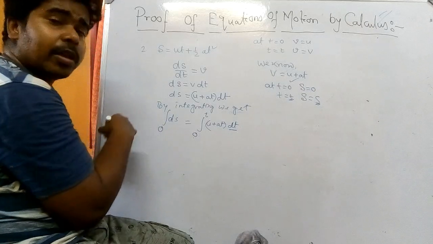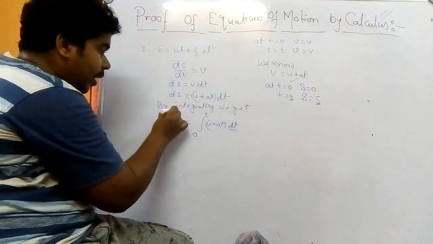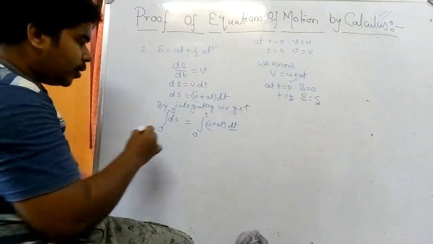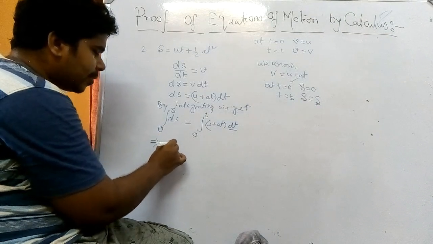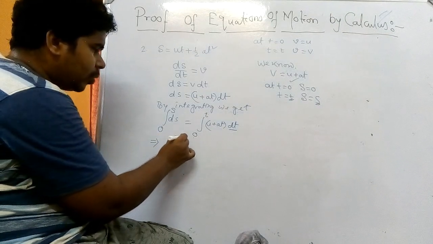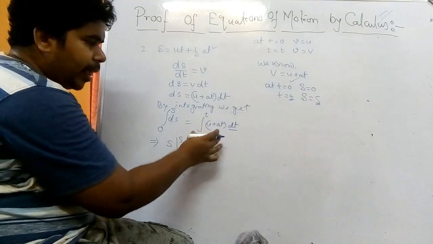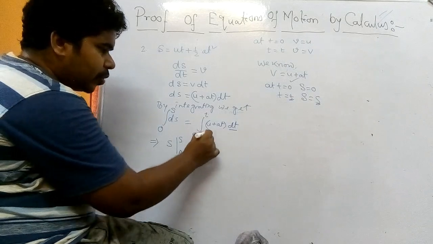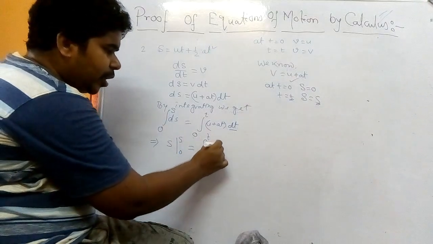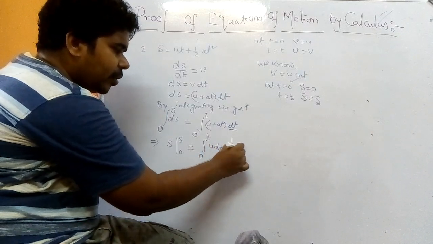Your displacement is also 0. At your time t, your displacement is s. So integration of ds means s, its limit will be 0 to s. And now we have to make the integration by rule. So we have to break it into two: 0 to t, u dt plus a t dt.